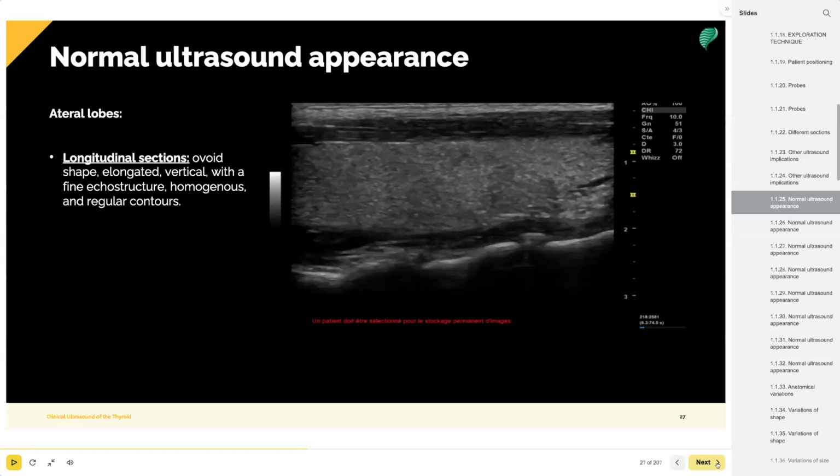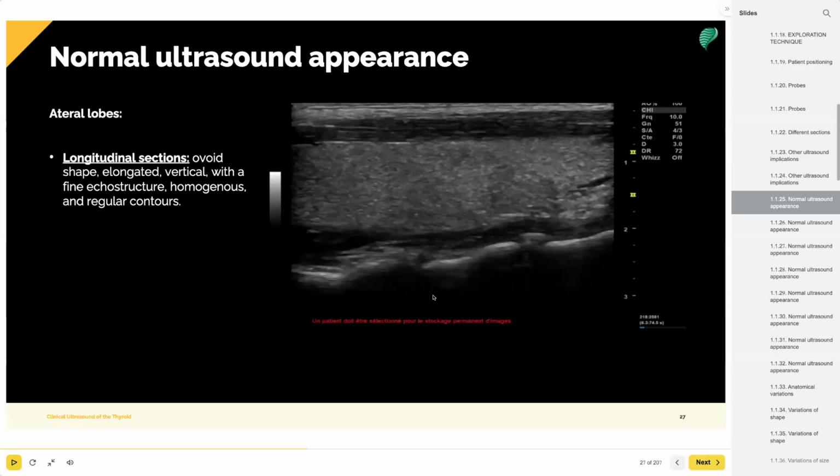All right, so this is showing a beautiful normal ultrasound appearance of a longitudinal section of the thyroid lobe. In this section, we can see well-defined boundaries. We can see that the echotexture is homogeneous.